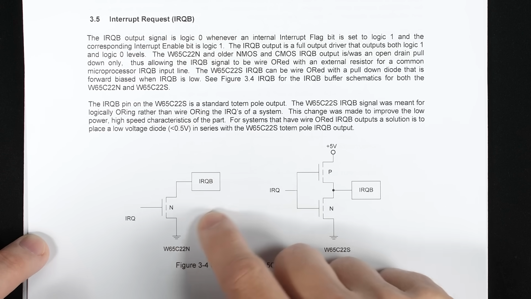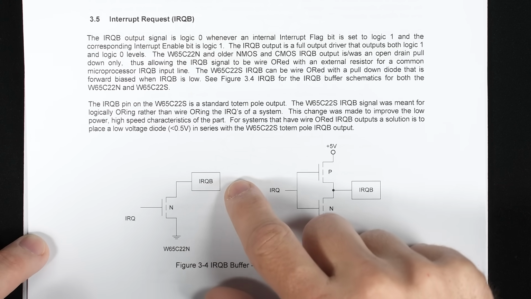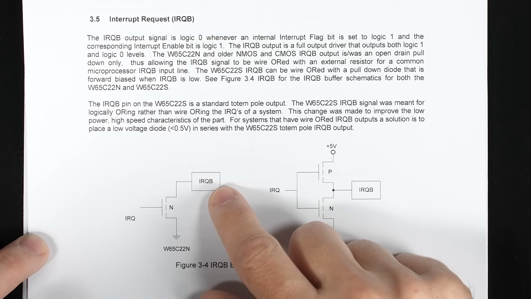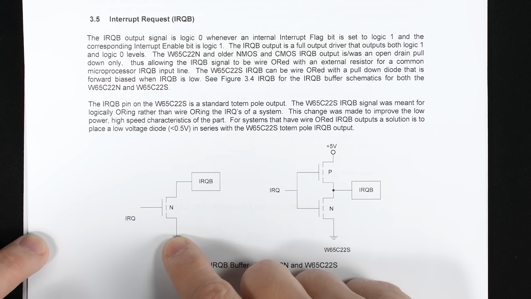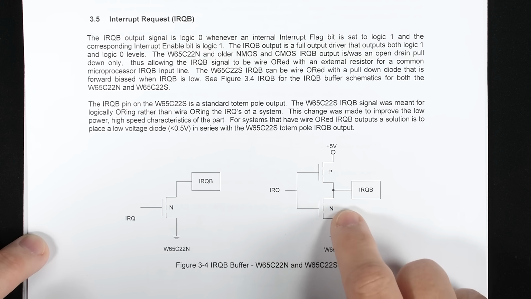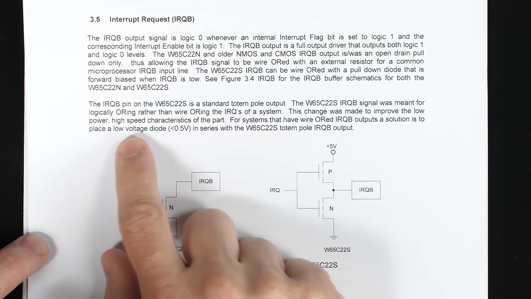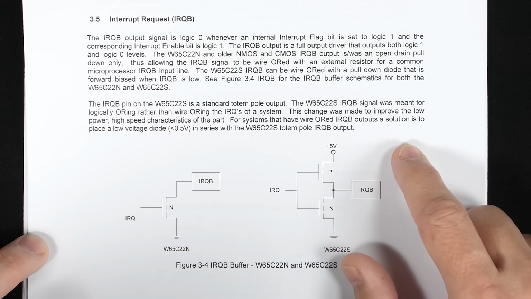That was nice because you could just wire several of these IRQ lines together with an external pull-up resistor, and then the whole collection of them would either be pulled up by that resistor, or any one or more of them could actively pull it low to signal an interrupt. But with the newer design, the datasheet says that a solution is to place a low voltage diode in series with the totem pole output, and that's what we just did.